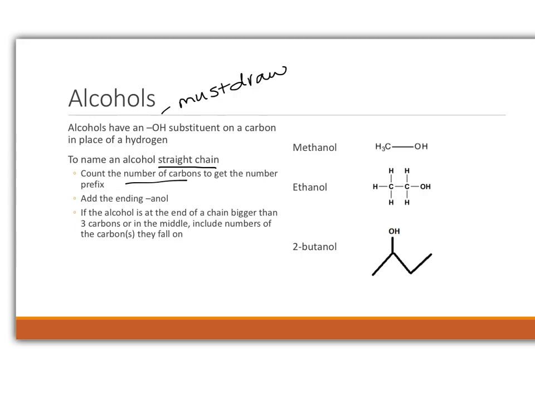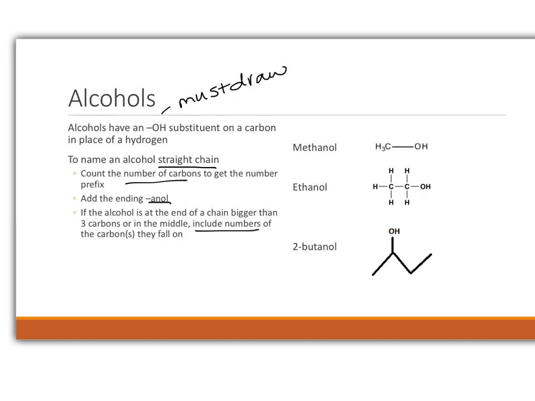You're going to change the ending from "-ane" or "-ine" or whatever it is to "-anol". And then if the alcohol is at the end of a chain bigger than 3 carbons or falls somewhere in the middle of the chain, you have to include a number indicating where the alcohol falls, the OH group.